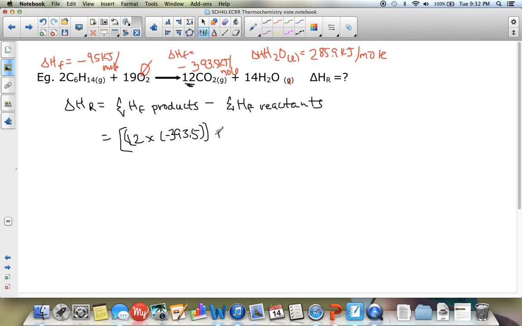Put a bracket all around that, plus we've got to do the heat of formation of water, so 14 times this negative value, 285.9, minus our reactants, we only have one because oxygen is an elemental state, 2 times negative 95.